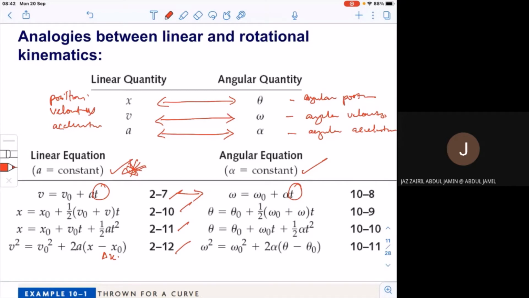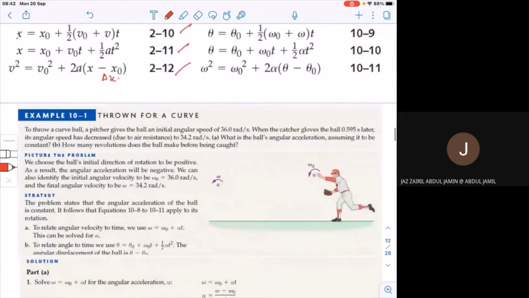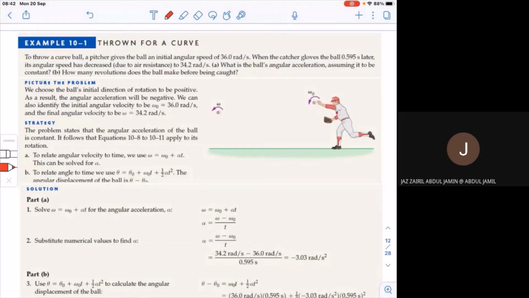And of course, when we talk about angular quantities and angular equations, there must be some problems that occur. For example, this question: to throw a curved ball, a pitcher (pembaling in baseball, we call that a pitcher) gives the ball an initial angular speed. Look at how they write it down: initial angular speed omega naught is 36 radians per second, which is already in SI units.